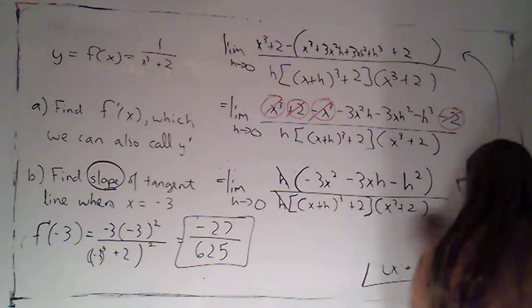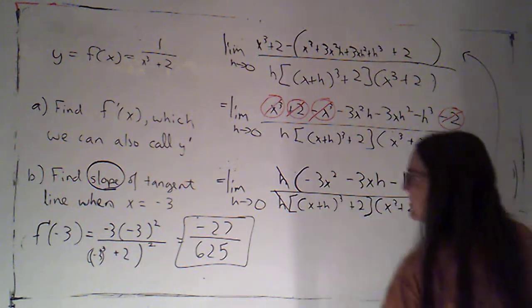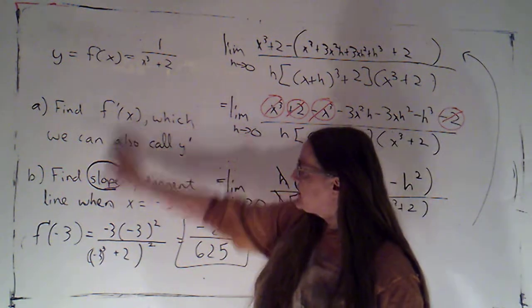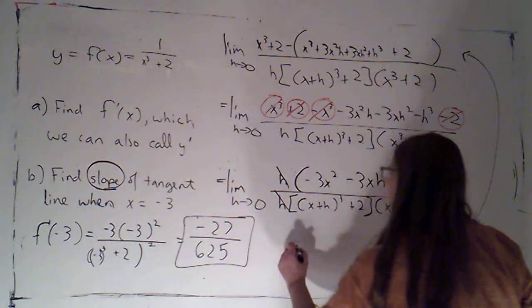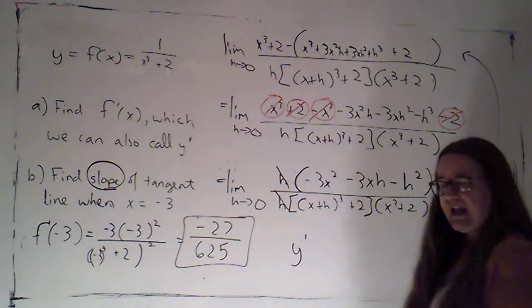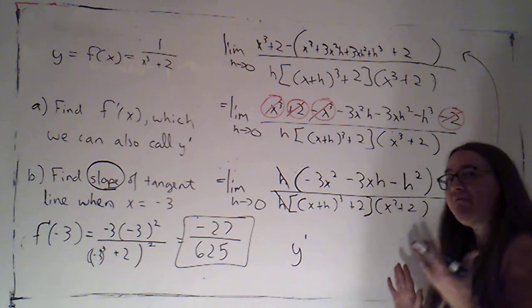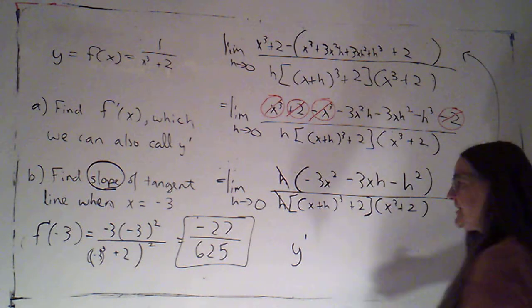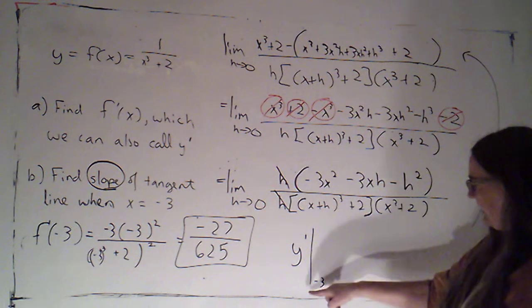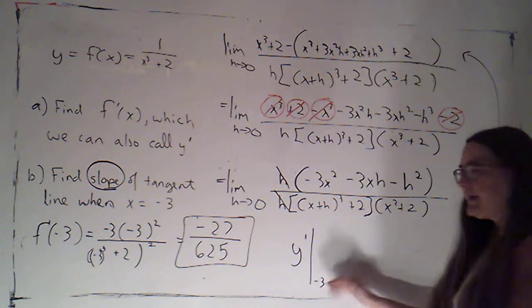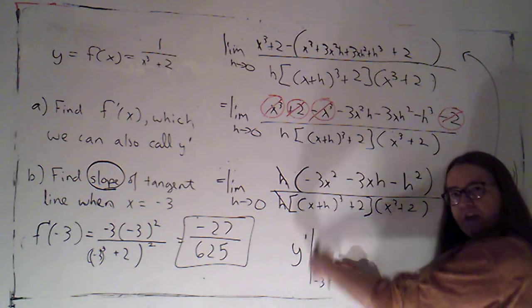One little bit of notation. If we're using the f prime of x notation, we've got a place to write our input. If I'm using the y prime notation, and I want to indicate that I want to evaluate that at negative 3, I can just write a vertical bar here, and then the number negative 3. This is what we call an evaluation bar.